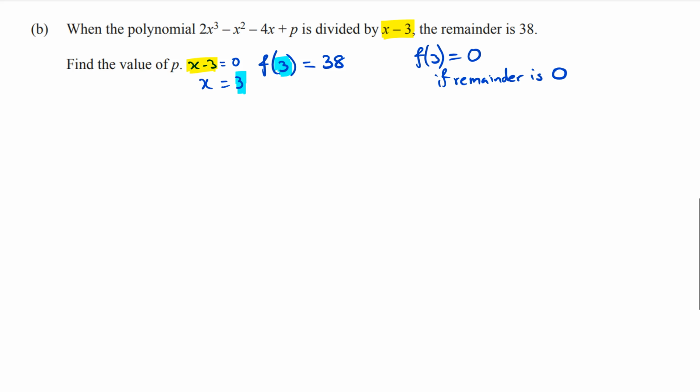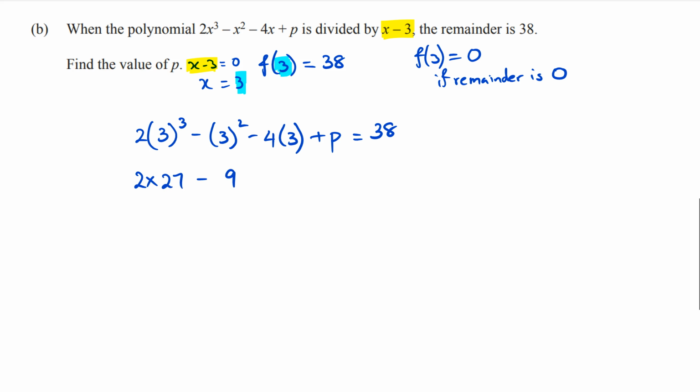So now I just need to substitute 3 wherever x is. So 2 times 3 cubed minus 3 squared minus 4 times 3 plus p, and all of this is equal to 38. So I've got 2 times 27 minus 9 minus 12 plus p equals 38.